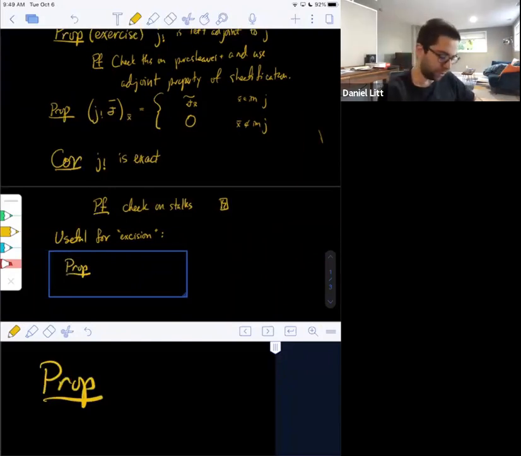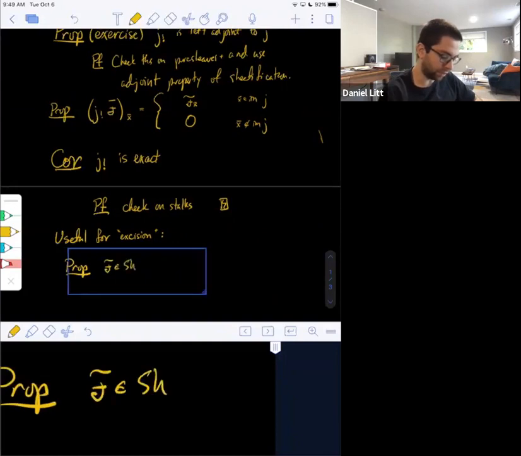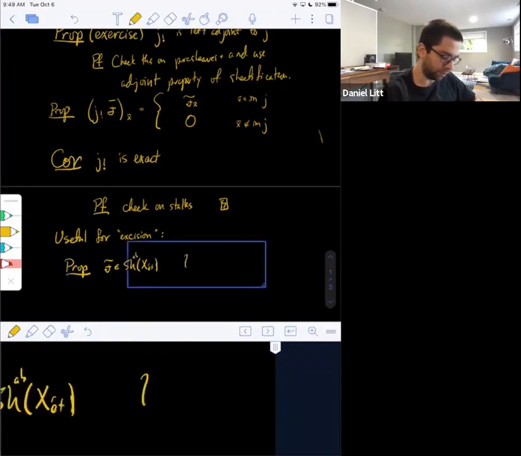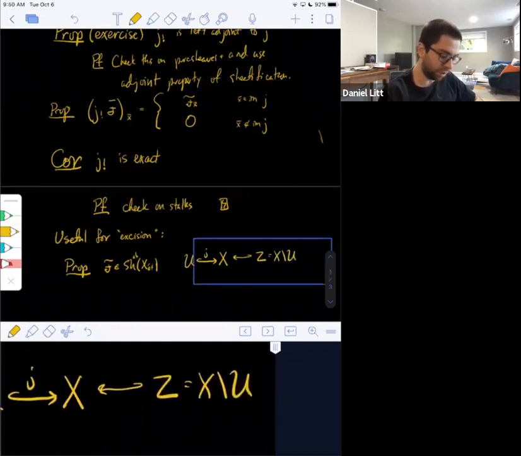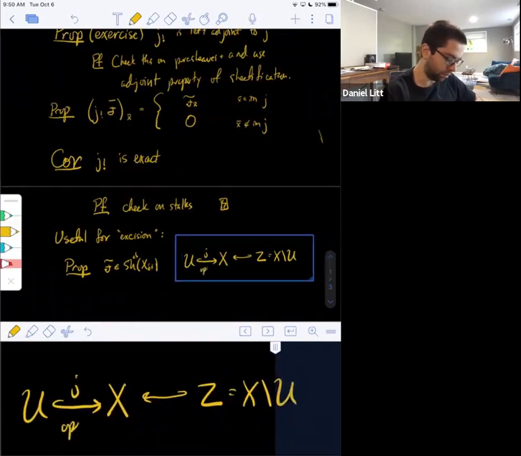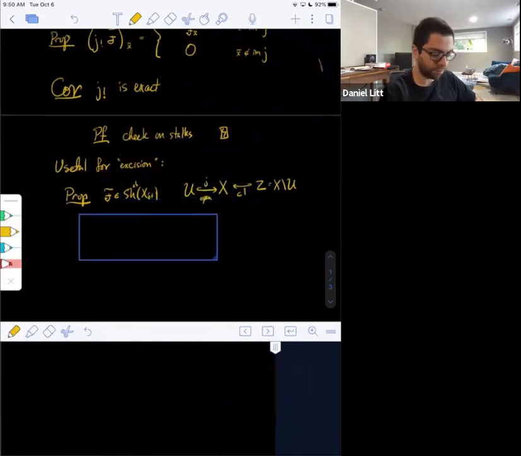So here's the proposition. Suppose we have F in étale abelian sheaves on X, and then we have, as before, an inclusion j into X, and an inclusion i of Z, which is X minus U. So this is open, and this is closed. Here we have an open of X and its complement.